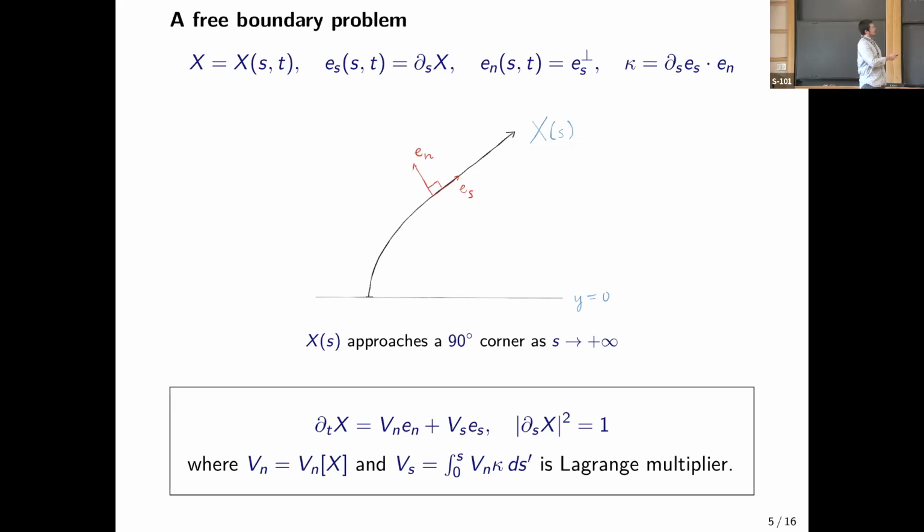At each point you get this local frame e_s and e_n, and we can also define curvature kappa. And we're going to actually look at infinite bodies, because it's really hard to say anything mathematically rigorous about the wake behind a body.